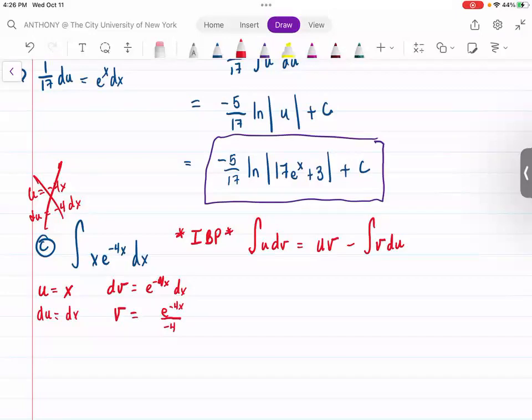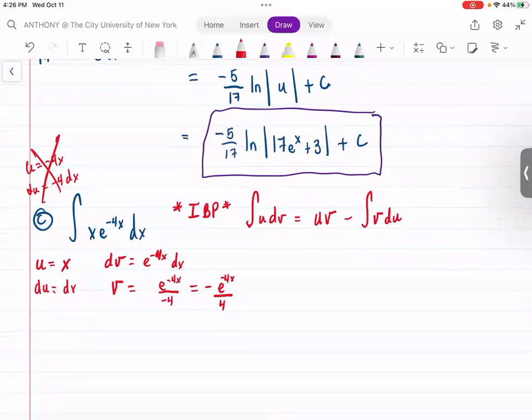Or you could clean this up a little bit. Pull the negative sign outside of the fraction, and you will have negative e to the negative 4x, all divided by 4. All right, you apply your integration by parts now.